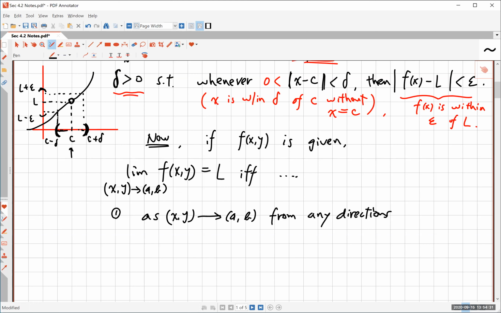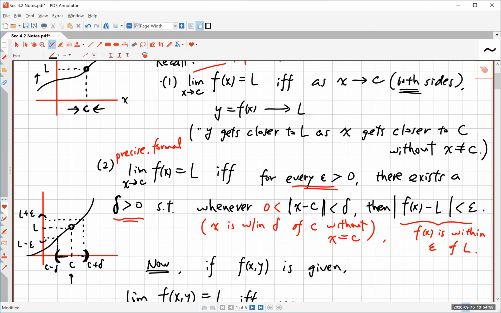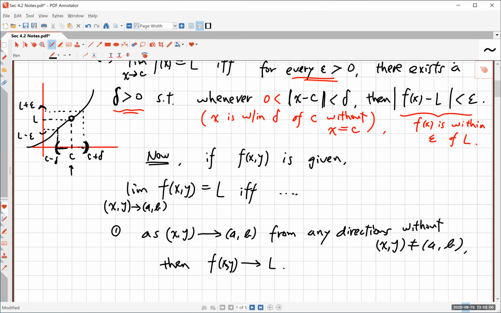So as x, y approaches a, b from any direction, without actually becoming a, b, without x, y equals a, b, as x, y approaches a, b from any direction, f of x, y approaches L. All right, so that's corresponding to our first definition, just like this one here. And hopefully it makes sense.